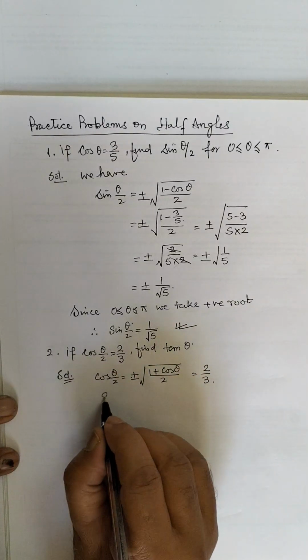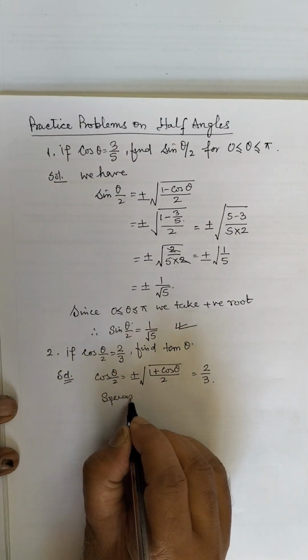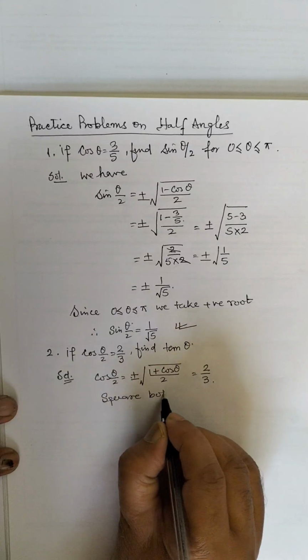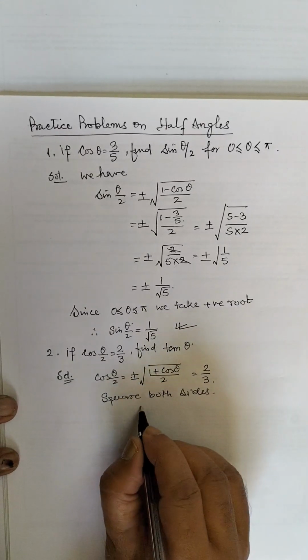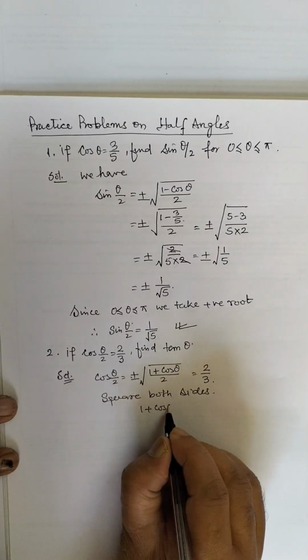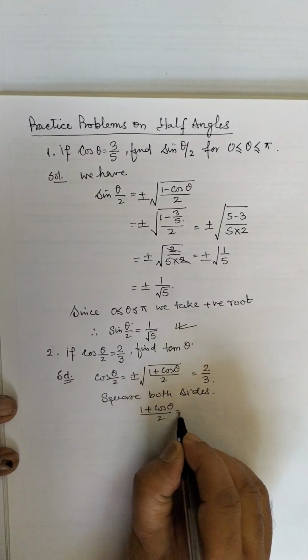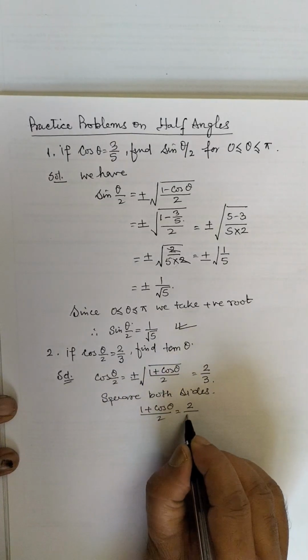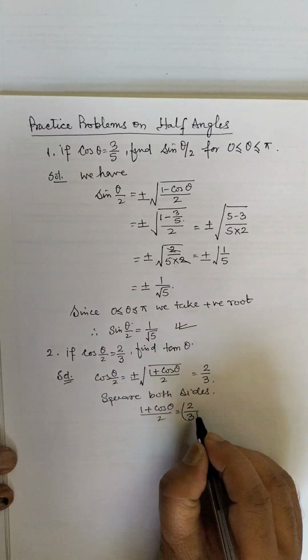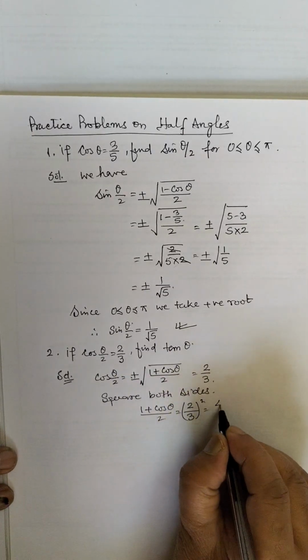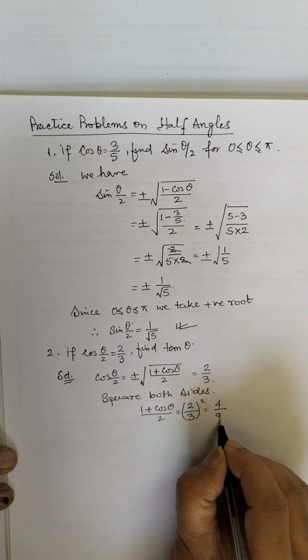Now let me just square both sides. So what I am going to get? 1 plus cos theta by 2 is equal to 2 on 3 square, which is 4 on 9.